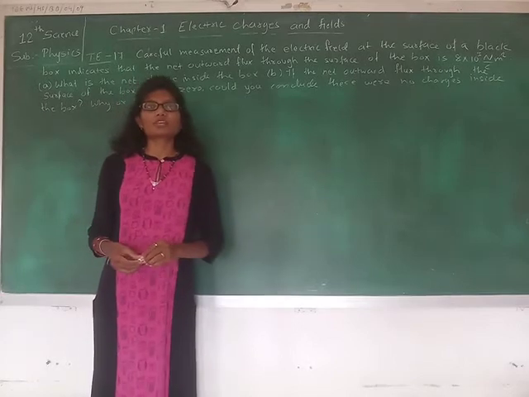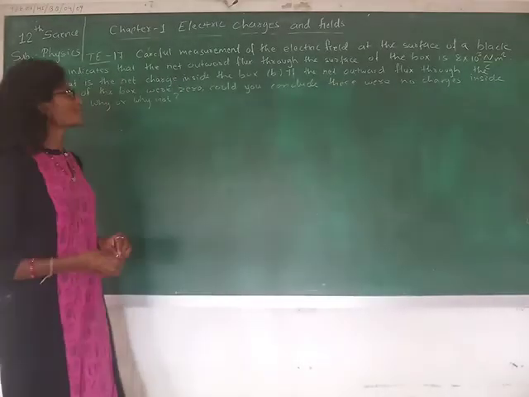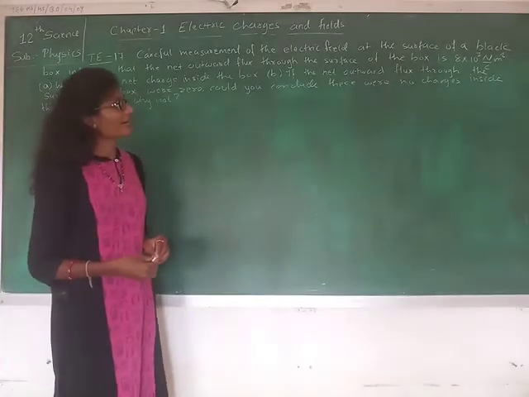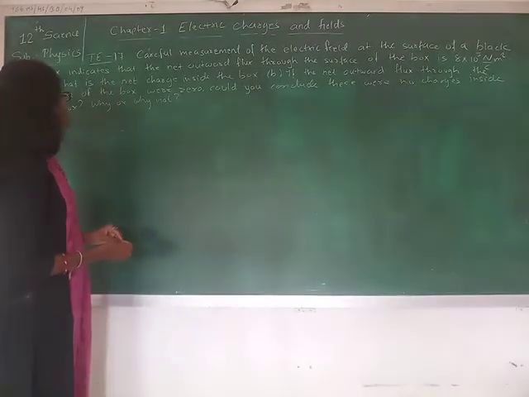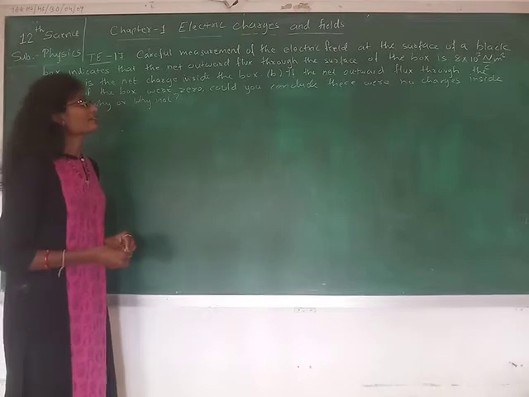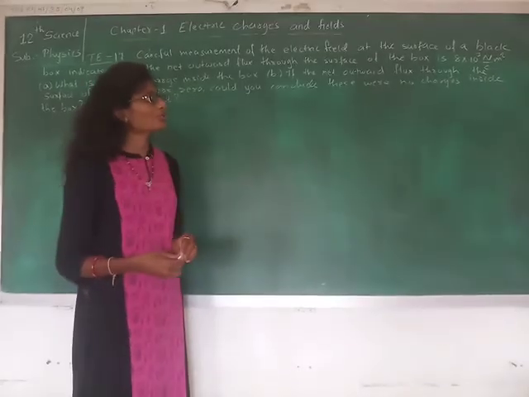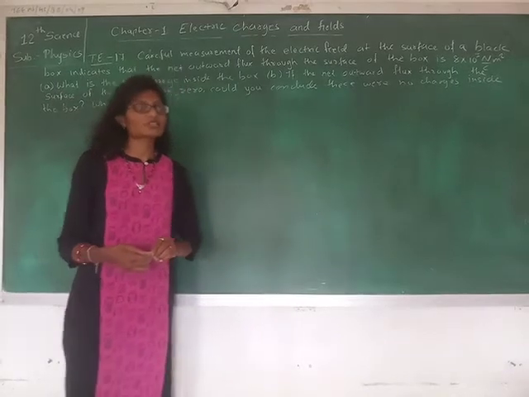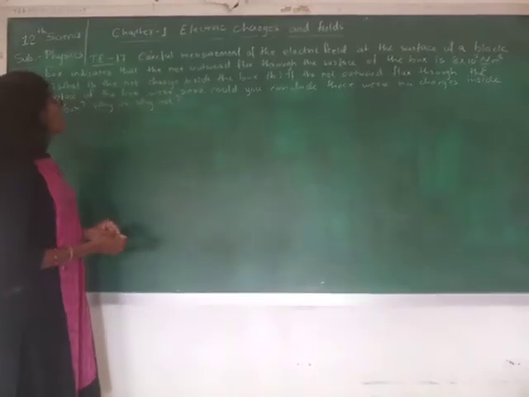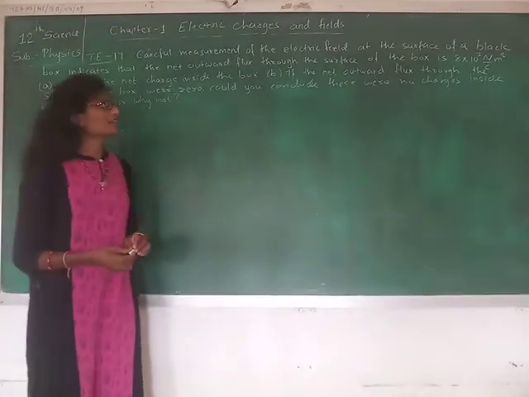Now let us solve numerical number 70 of the textual exercise. Careful measurement of the electric field at the surface of a box indicates that the net outward flux through the surface of the box is 8 into 10 raised to 3 Newton meter square per coulomb. What is the net charge inside the box?